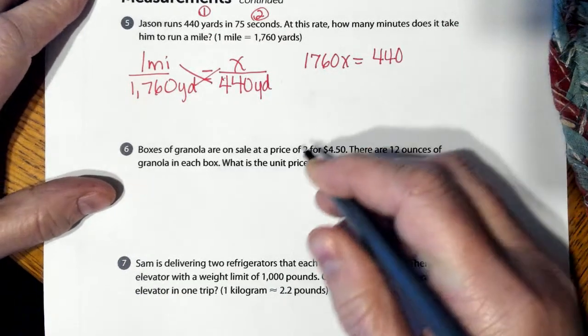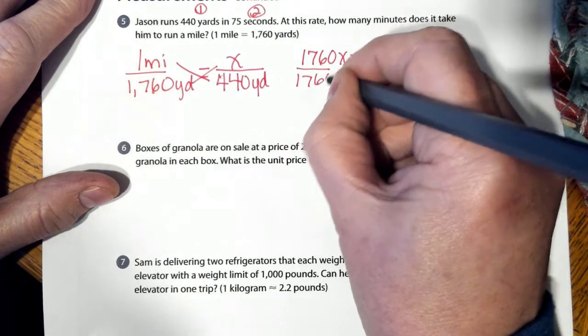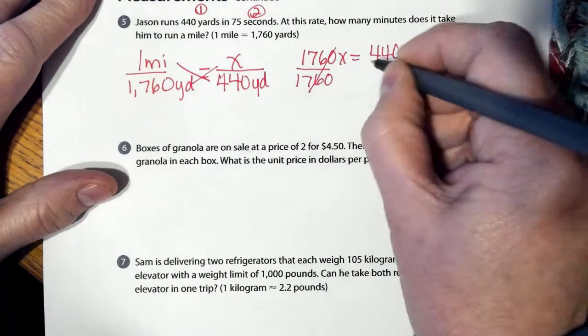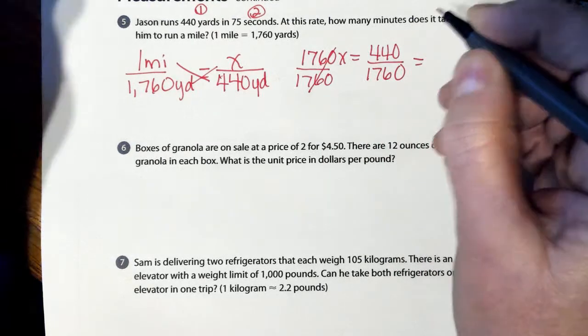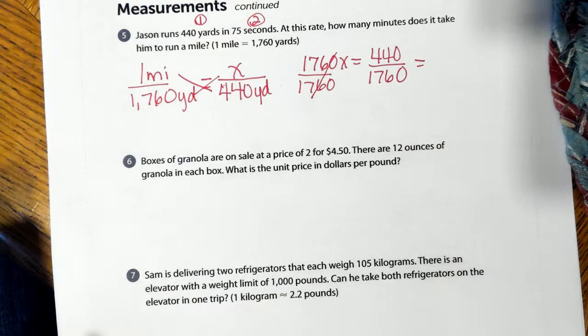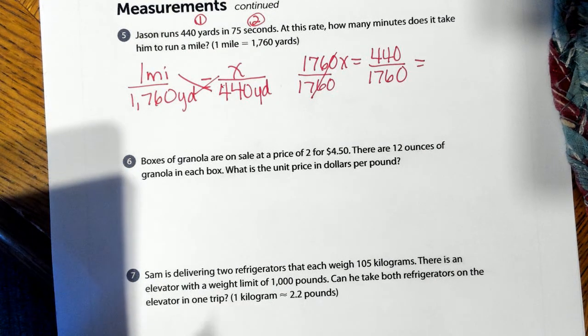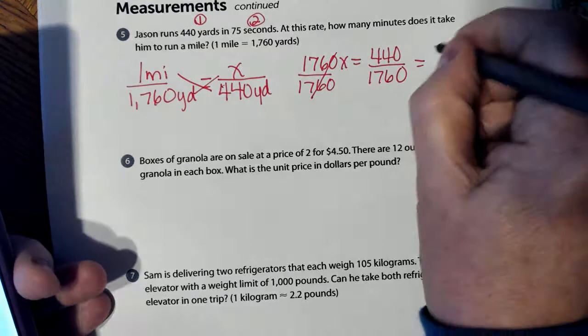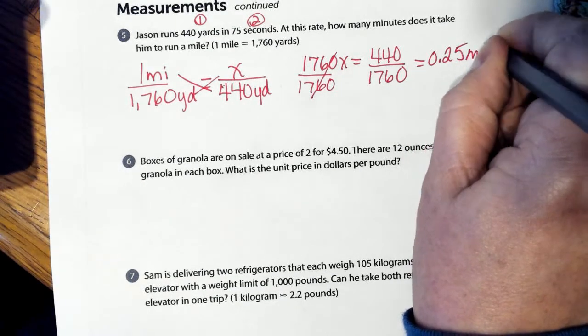It's not yards anymore. Now I'm going to divide by the 1760 so that this will cancel out. Divide by 1760 over here. And I get 440 divided by 1760, 0.25 of a mile. So it's 1/4 of a mile.